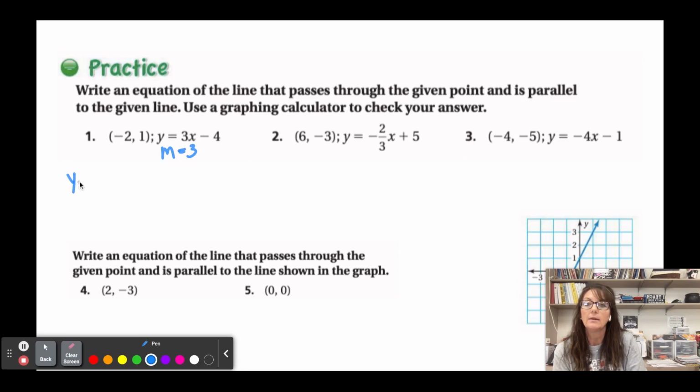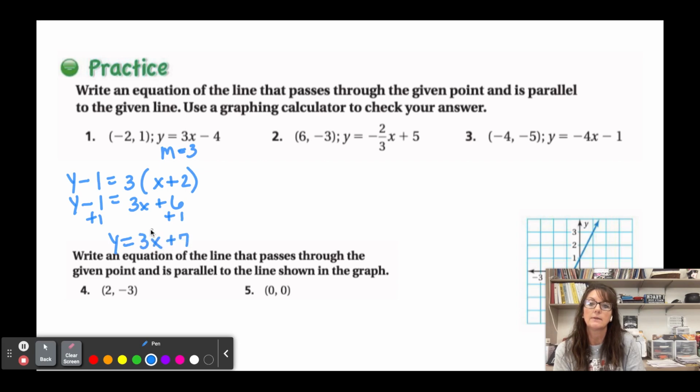So y minus 1 is equal to 3 times the quantity x minus a negative 2, plus 2. So we go ahead and distribute, and then add 1 to both sides. So y is equal to 3x plus 7.